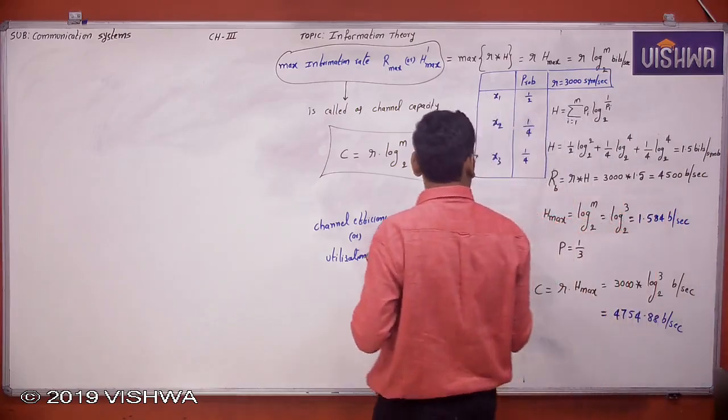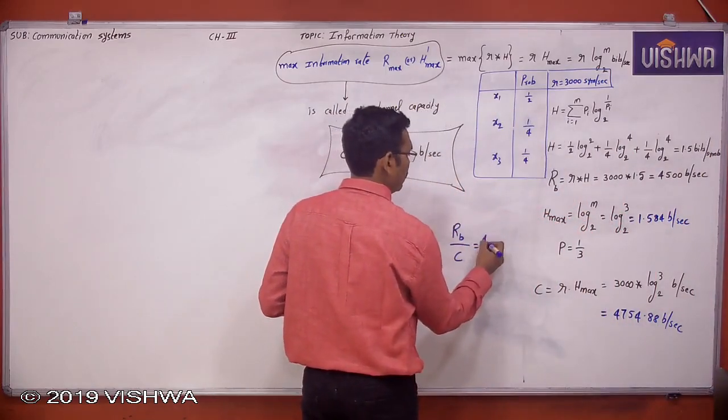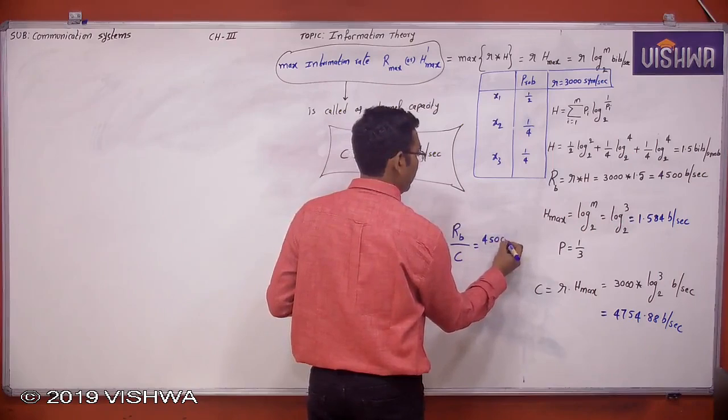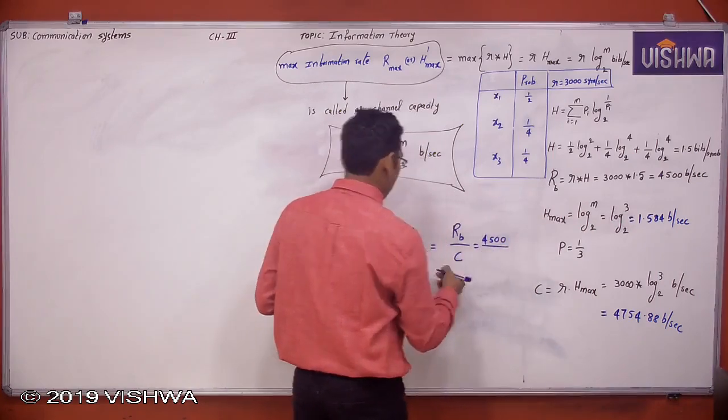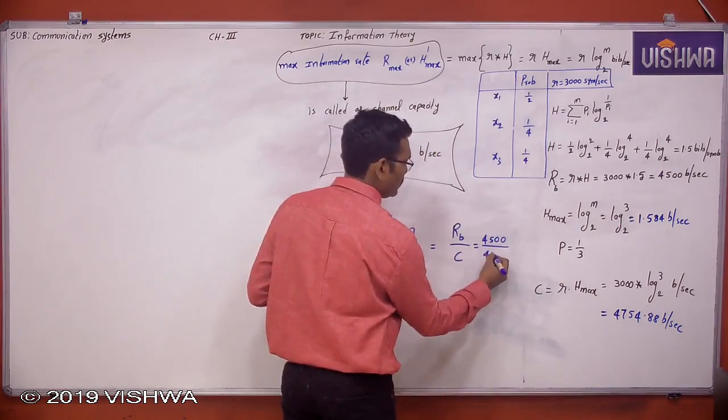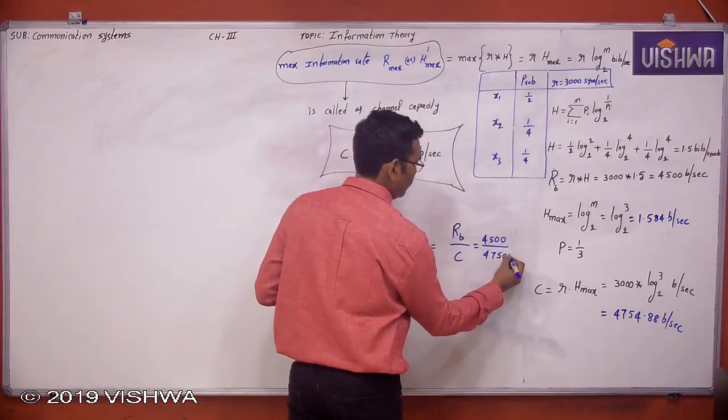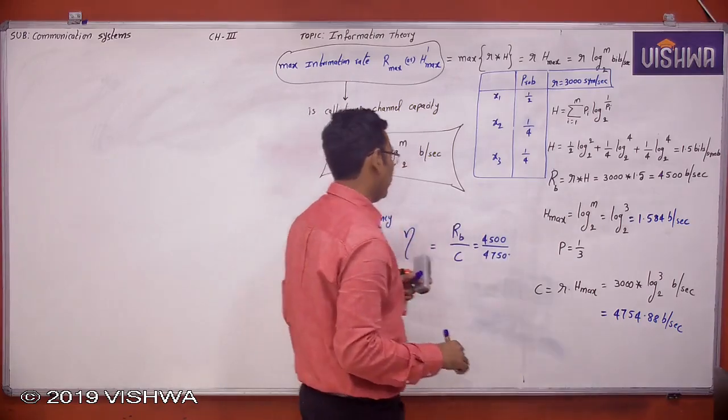Now for the efficiency, for example, 500 bits are transmitting and the capacity is 4750. Now how much is it?